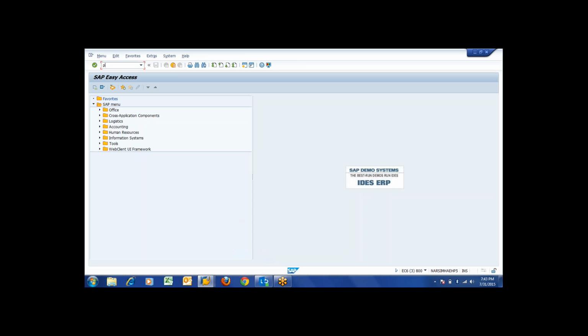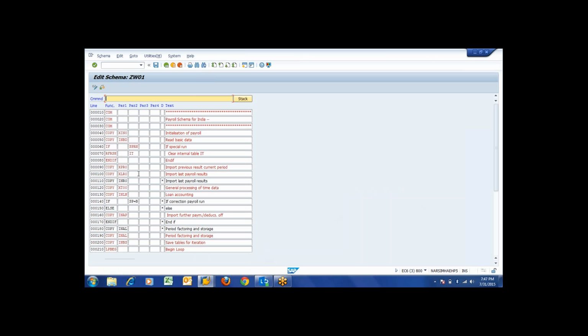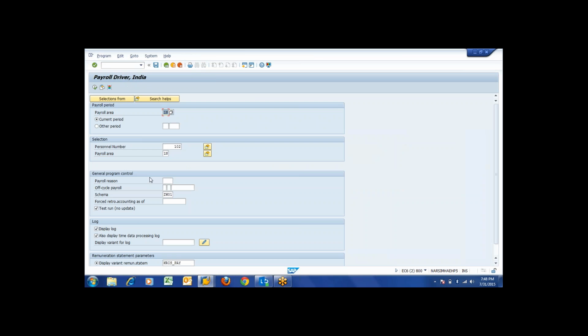I will copy the schema. We copied the schema ZW01, so we will assign this schema and run the payroll.